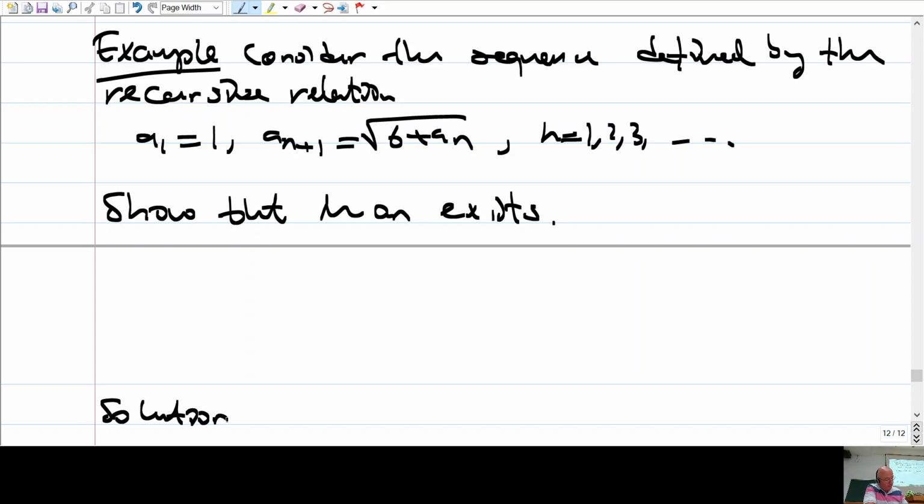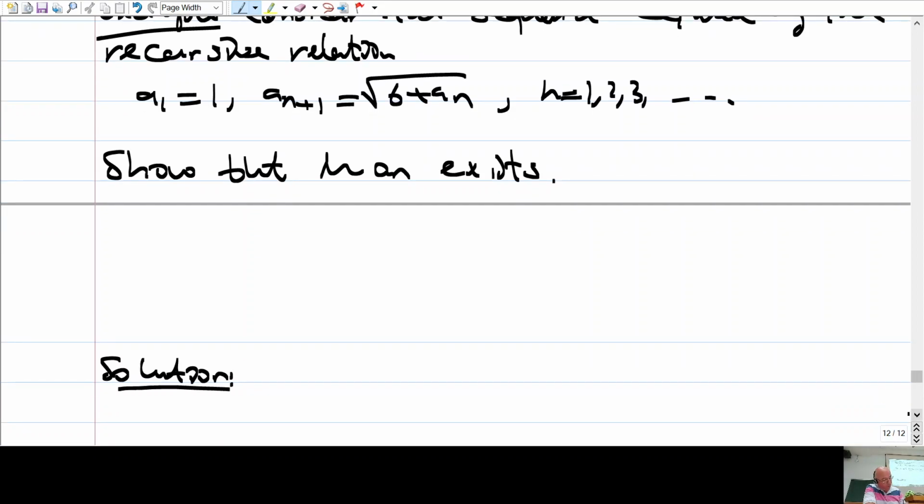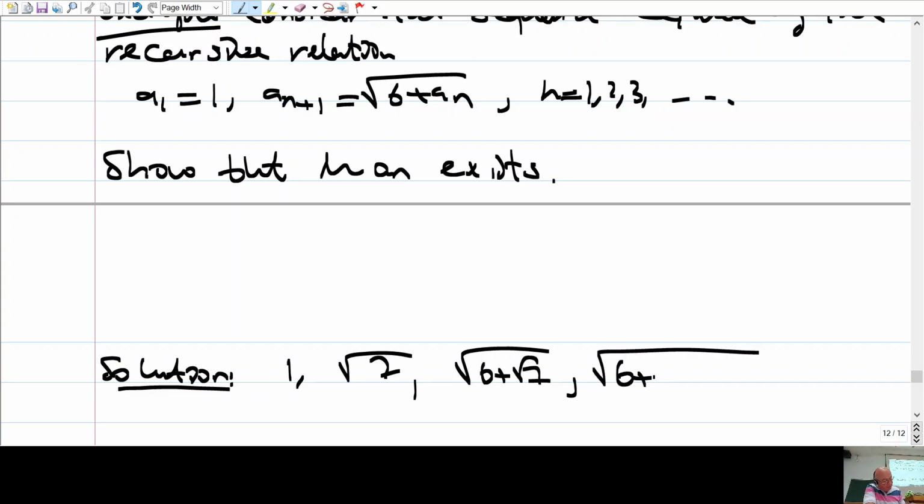So it is just 1, and then if you put 1 here, square root of 7, and then square root of 6 plus square root of 7, and then it goes like this.